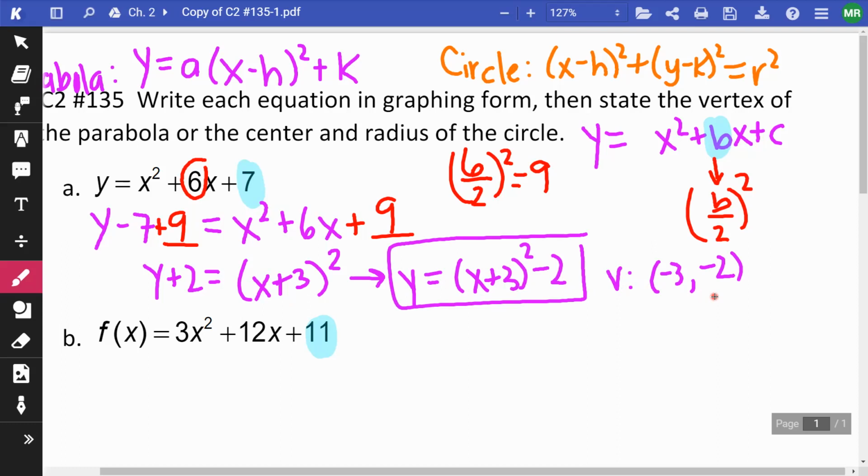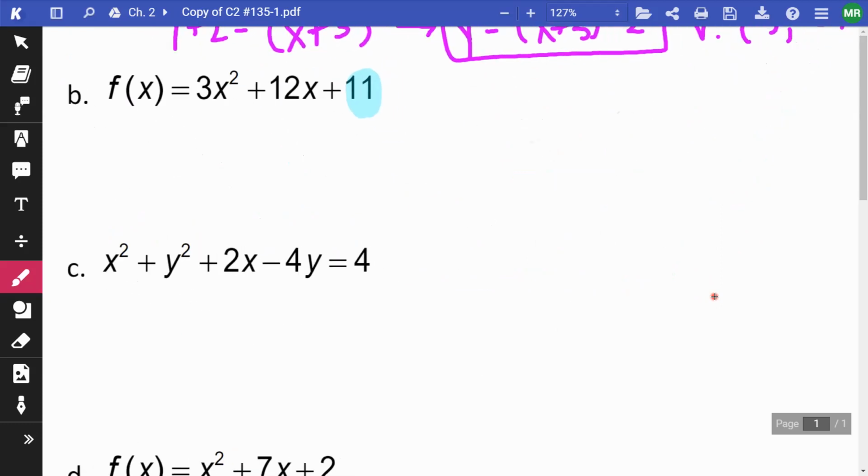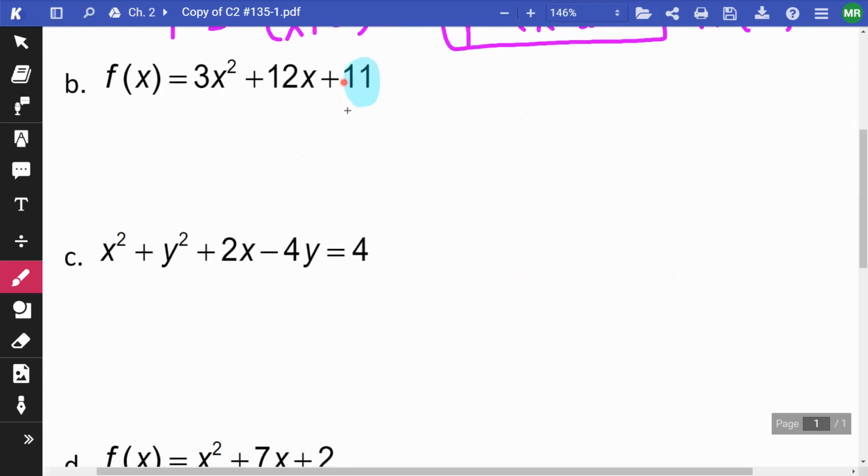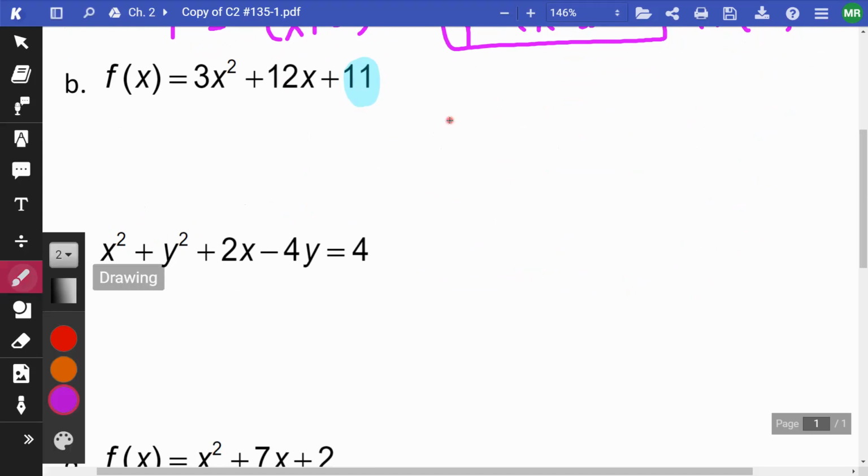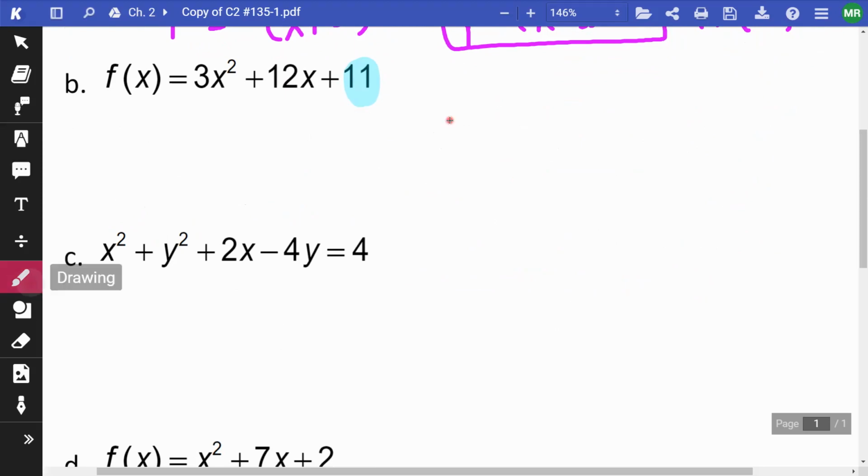On letter B, I'm going to first do like I did on the last problem and get rid of that. Let me just get a different color here. I'm going to get rid of that 11. So I'm going to have f of x minus 11 equals, and I'm going to give myself some space, 3x squared plus 12x.